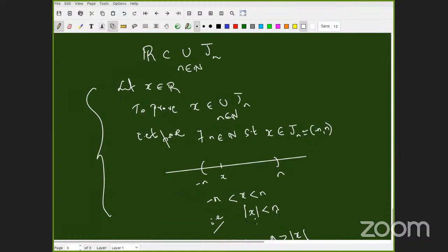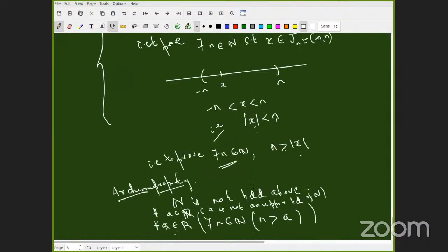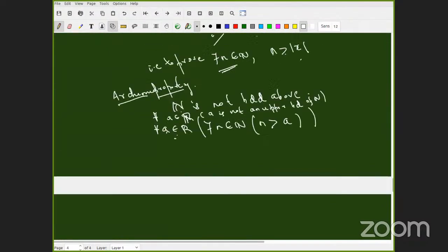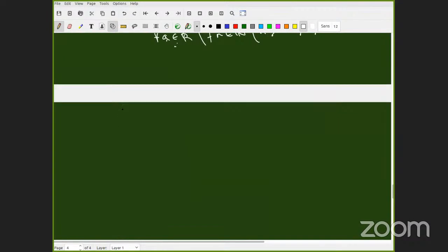See, while writing the proof, textbooks use the other way around. The standard textbook proof will be the reverse way around. They will simply say, start with X in R. This is the textbook proof.